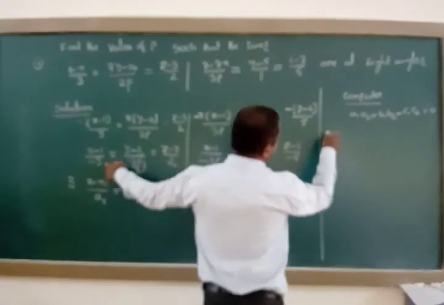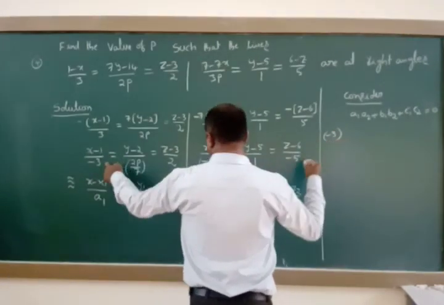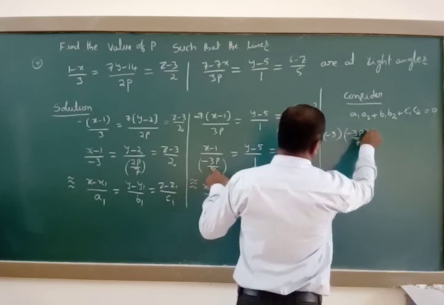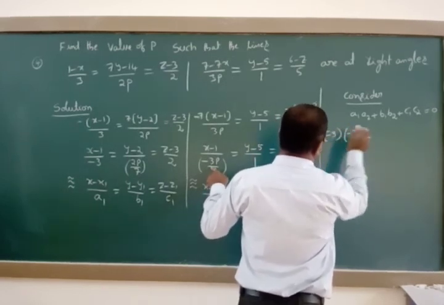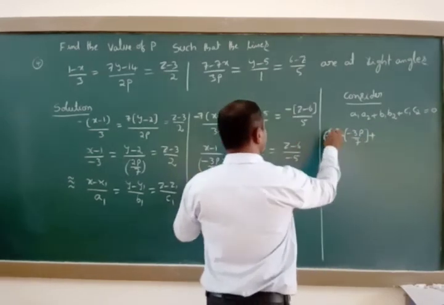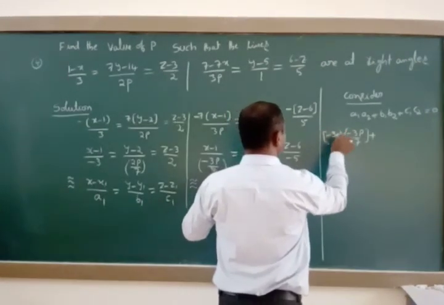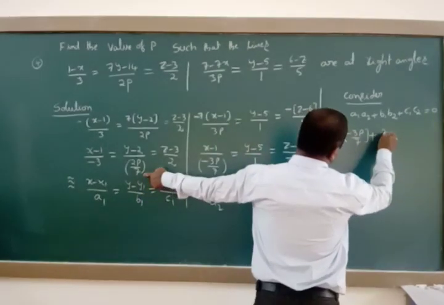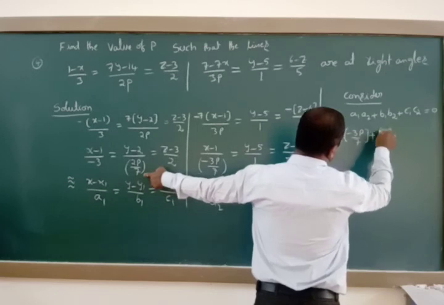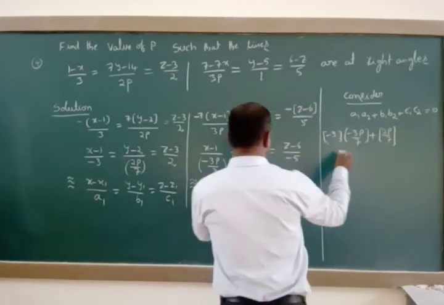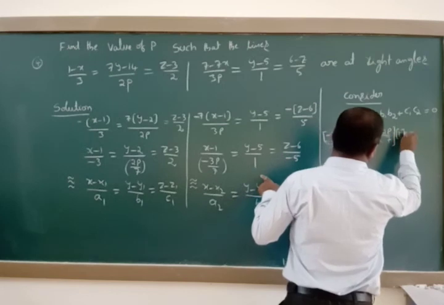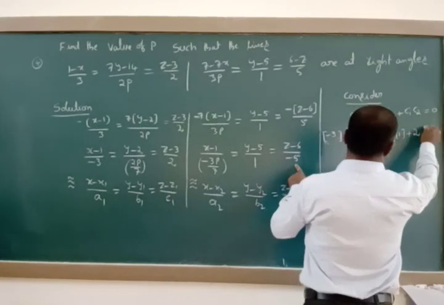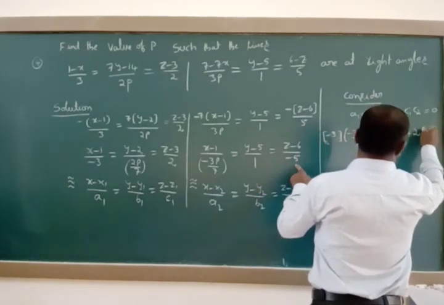a1 value is minus 3, a2 value is minus of 3p by 7, plus b1 value is 2p by 7, b2 value is 1, c1 value is 2, c2 value is minus 5, is equal to 0.